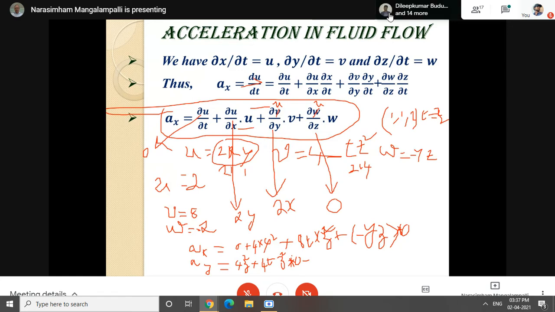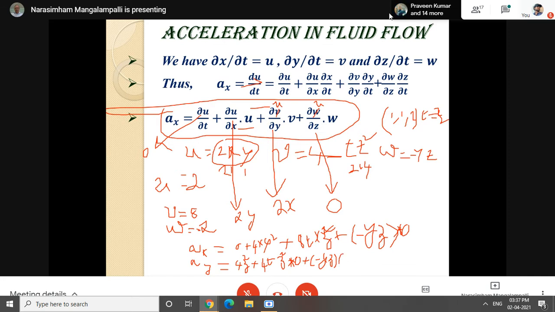Dou v by dou x is 0. Then plus w, which is minus yz, into dou v by dou z.